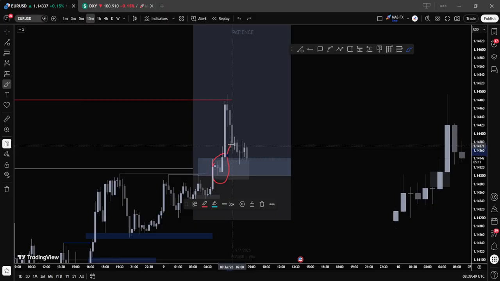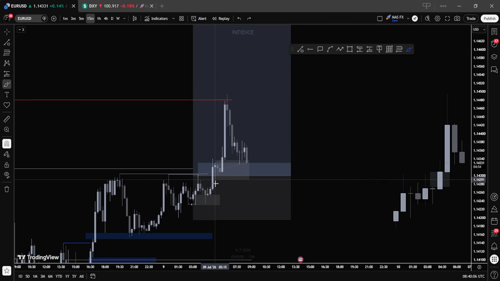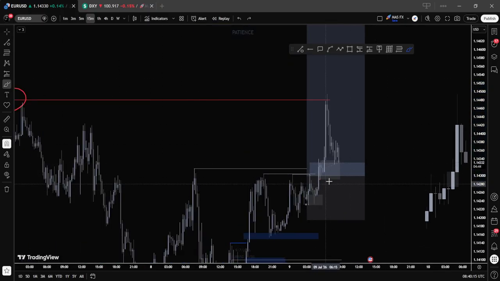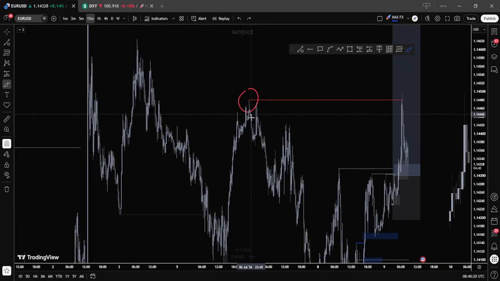We come down lower, take out this 15 minutes here, give us a market structure shift, then continue, or come and take out the overall liquidity low, the overall 15 minutes demand over here, give us a confirmation, then we continue higher, because I'm expecting it to at least take out this high over here. That's our main target.